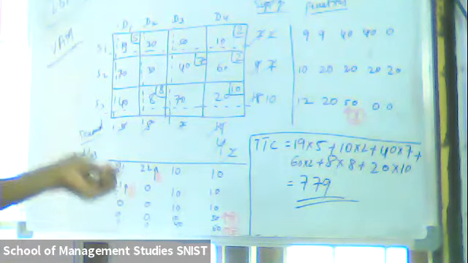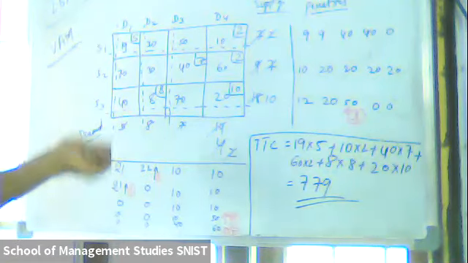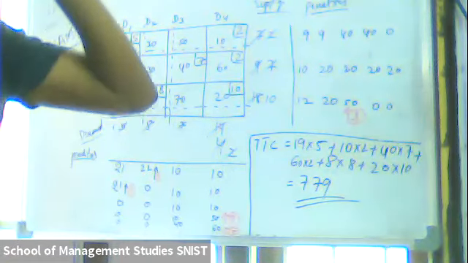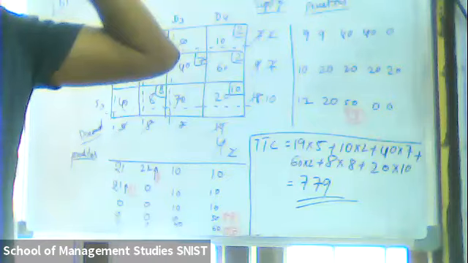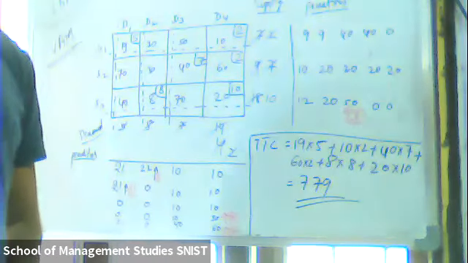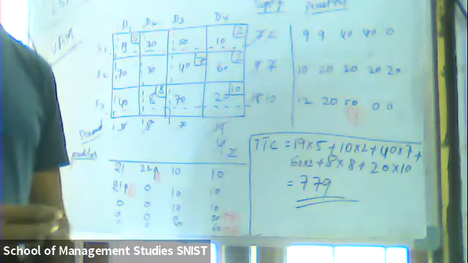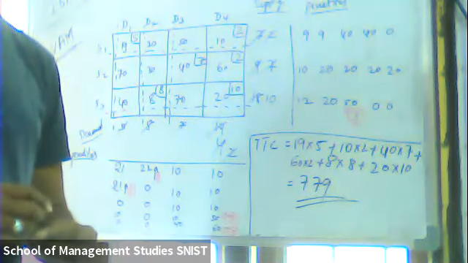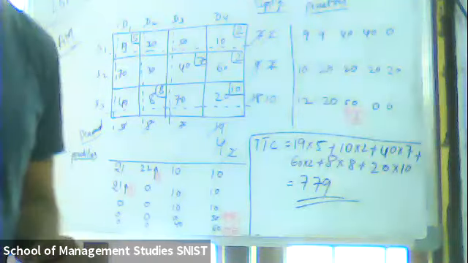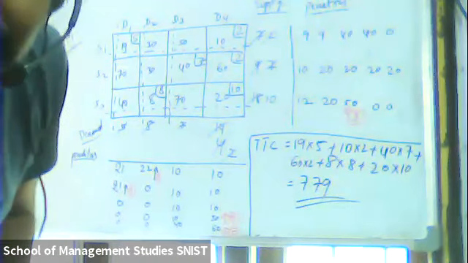Then based on demand and supply, we allocate. We repeat the same procedure until the entire table is complete, and finally we calculate the total transportation cost and show that value to the examiner. This is what we did in yesterday's session.